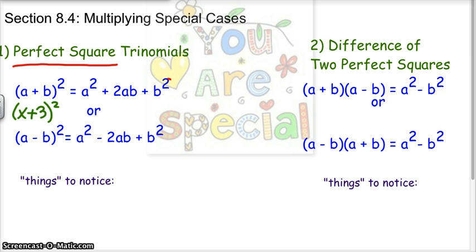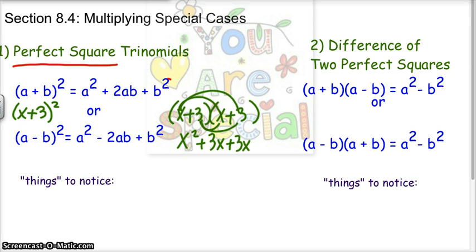x plus 3 squared, I'm going to use that as my example, means that I have x plus 3 times x plus 3. When I go through and distribute, the first term and the last term are perfect squares. x squared was created by multiplying x times x. 9 was created by multiplying 3 times 3.